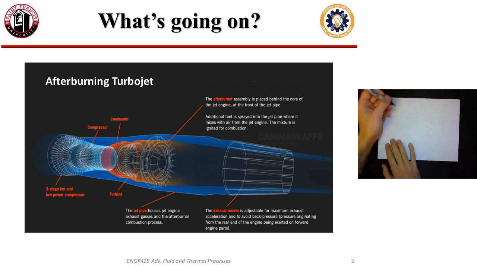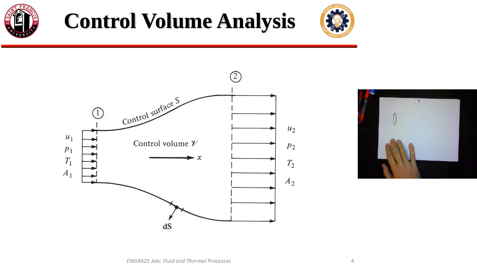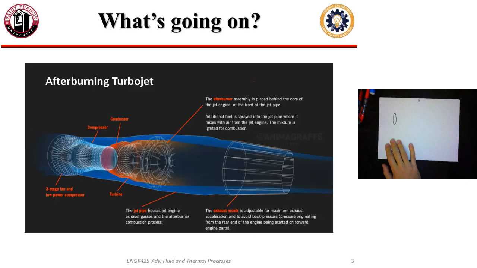So one thing to remember as you start into this is that prior to now, we've been thinking of 1D flow. When we looked at our shock waves, there's our normal shock. We drew a control volume like this, right?